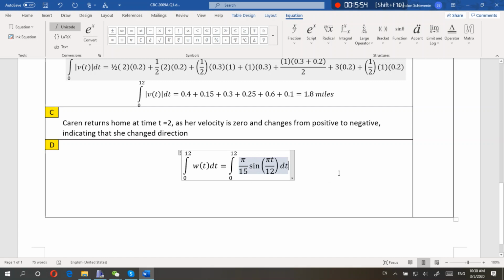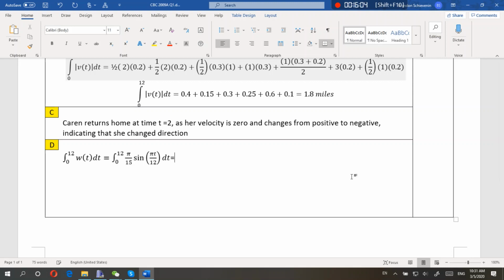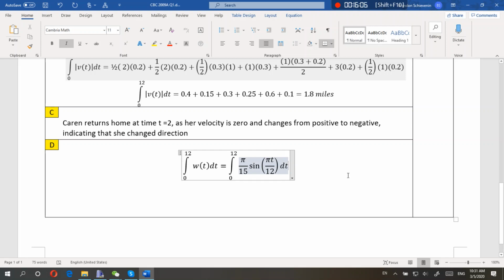In terms of time. Okay, so what's going to happen when I integrate this? Integrate W, right? Because I cannot see it. So when I integrate pi over 15 sine pi over 12t dt, what will happen? Pi over 15. Okay, oh, today internet connection is bad. I'm just trying to integrate W(t).